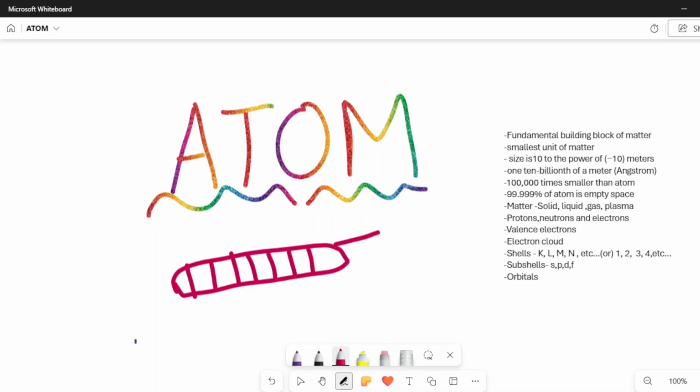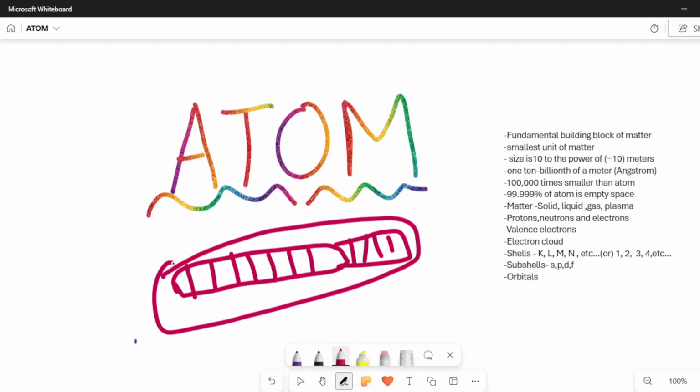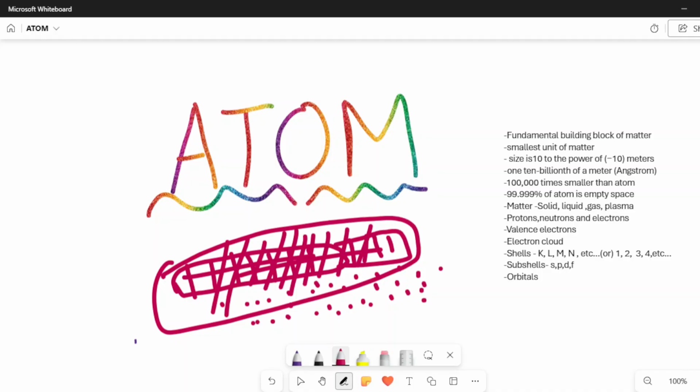So, if this is your pen, now this is a solid object. Now, if I try to break this pen into small pieces until it comes to a very small piece, this smallest piece which cannot be divided further, which carries the properties of this pen.